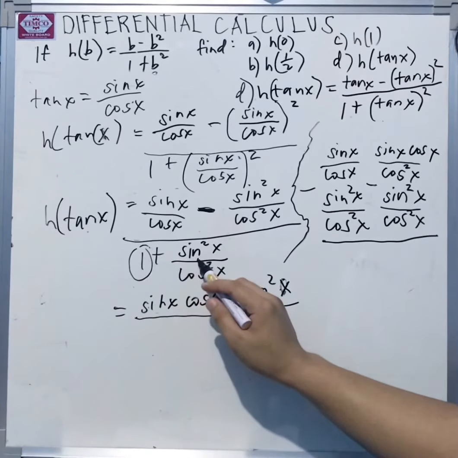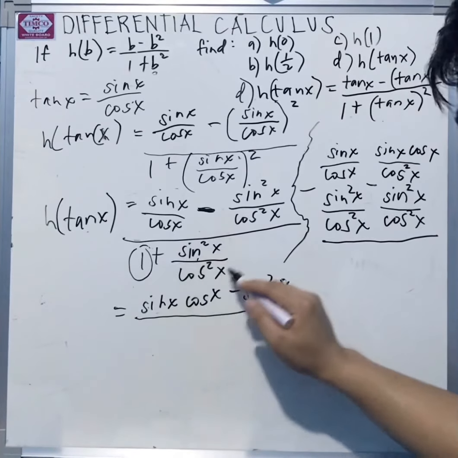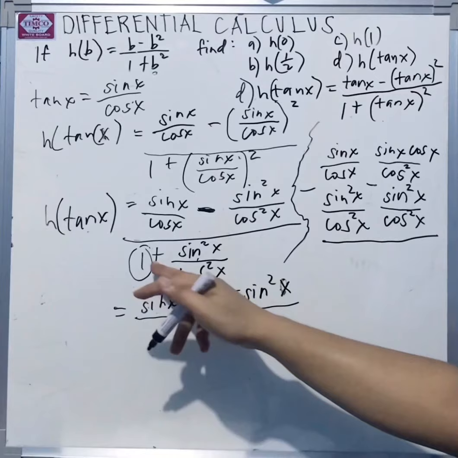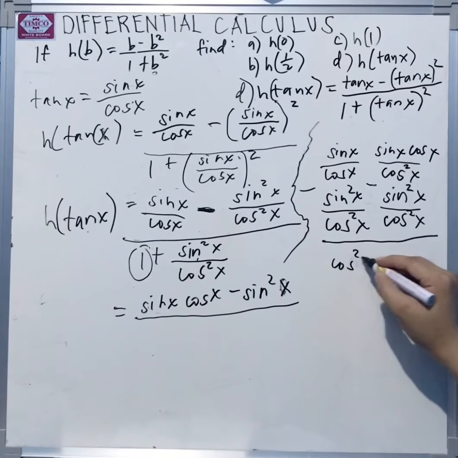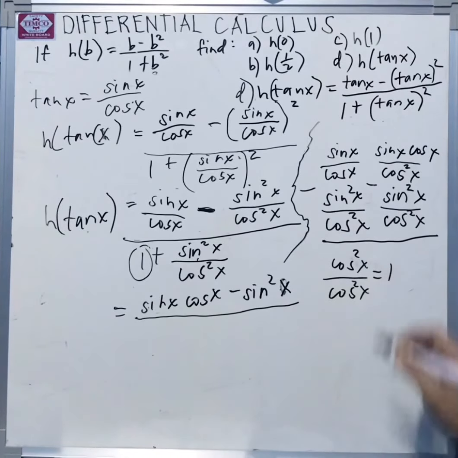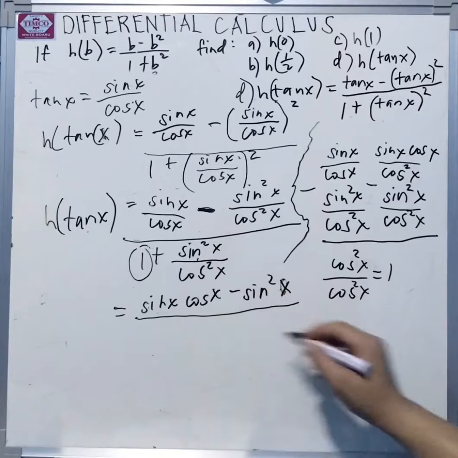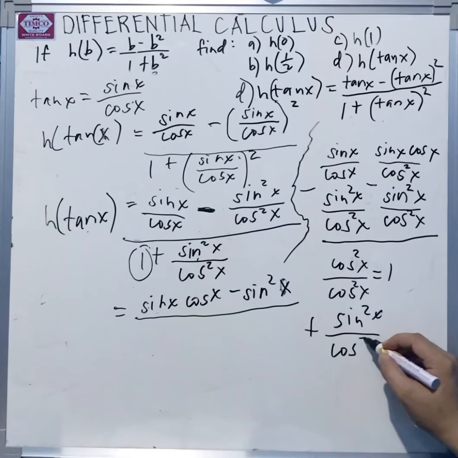So i-add natin siya dito sa function na ito. So ang 1 is equal din siya sa cosine squared x over cosine squared x, di ba? Equal din yan sa 1. So i-add natin siya, plus sin squared x over cosine squared x.